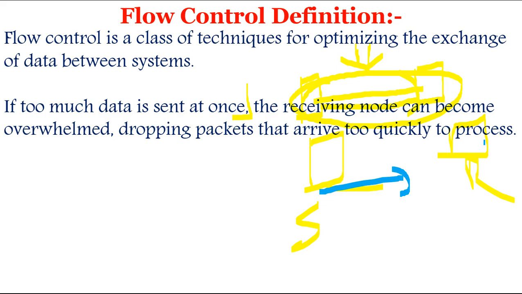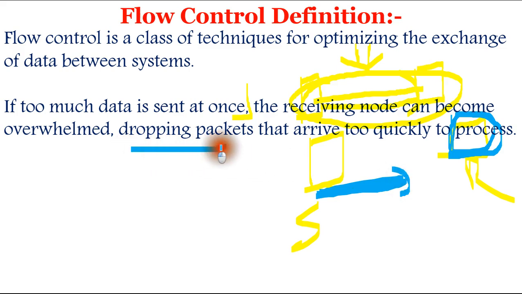This computer is not capable of handling how quickly the data is coming from this side, so it may drop certain data, certain packets. This is a scenario that can happen.